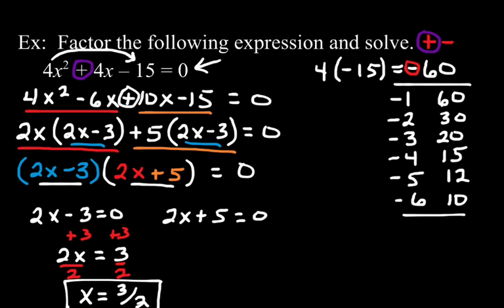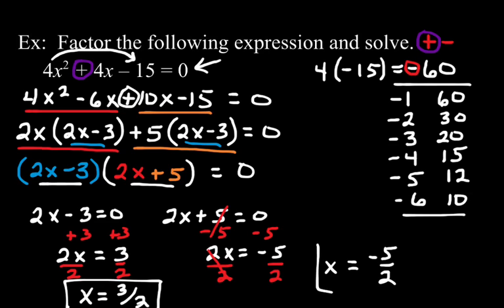The other one, we'll do similar steps. We're going to have to subtract 5 to cancel that. And then we have 2x equals -5. And then we divide by 2 to cancel out that 2. And that's going to give us x equals -5/2.